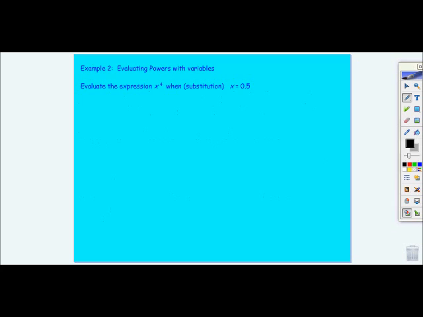If we're going to evaluate powers with variables, again, there's that word evaluate, and when we see that, we usually see the word when. So evaluate the expression that we just used, x to the 4th, when x is 0.5. That would simply mean we would put in our calculators 0.5 times 0.5 times 0.5 times 0.5.